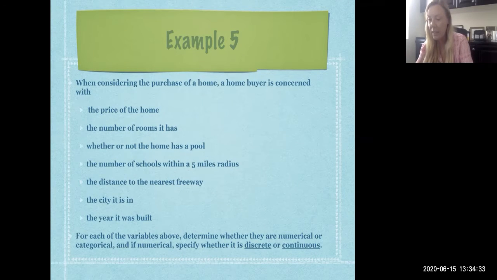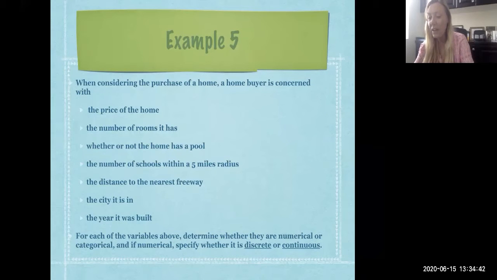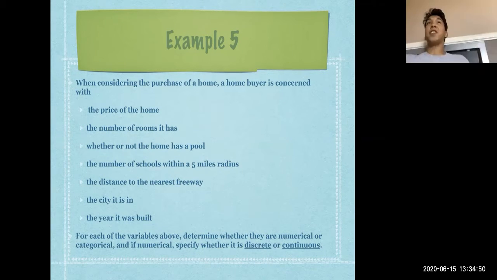So why do you say continuous? Because the price of the home can vary. Can you be a little more specific as far as what your thinking is? So you could get a home for $250,069 or something like that, you know?